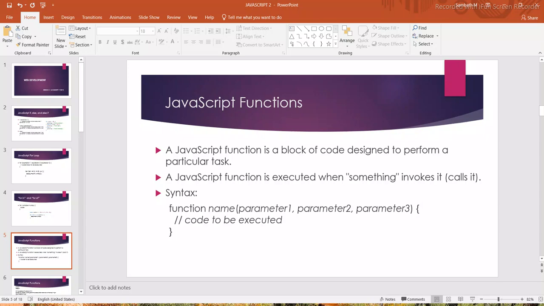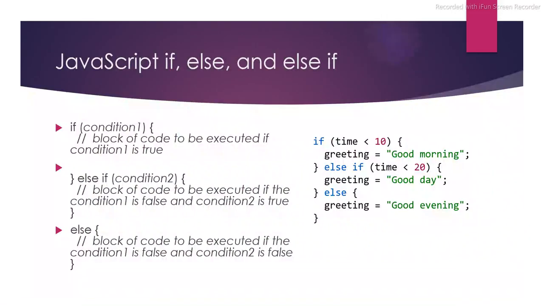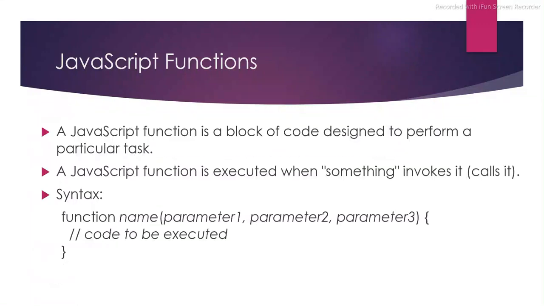So how do you write functions in JavaScript? The same way you write them in Java. You should have a function name, then parameters 1, 2, 3, any number of parameters, and within the open bracket and close bracket you can write the code you want to execute.